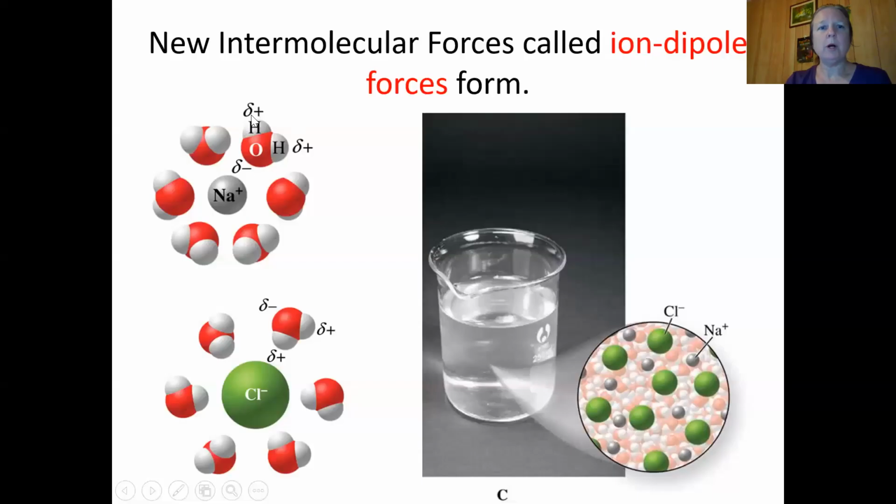So the water molecule goes up to that complex, that crystal, and the negative end, the oxygen end, will be attracted to the positive charge of the sodium. And it surrounds it, it pulls away a sodium ion from the crystal. By the same token, the positive ends of the hydrogen are attracted to the negative charge on the chlorine. So it will actually pull away the chlorine ion from this crystal.